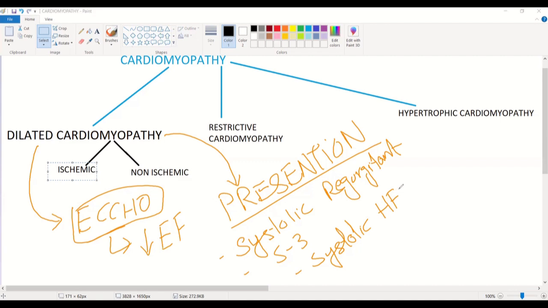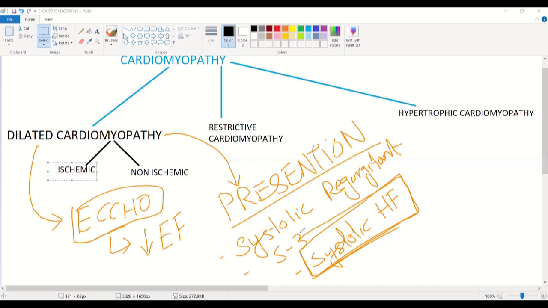What are the clinical features of heart failure? If you have decreased ejection fraction, on the basis of the ejection fraction you will decide whether it is systolic or diastolic.